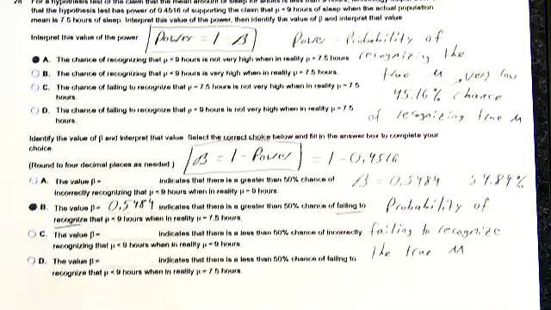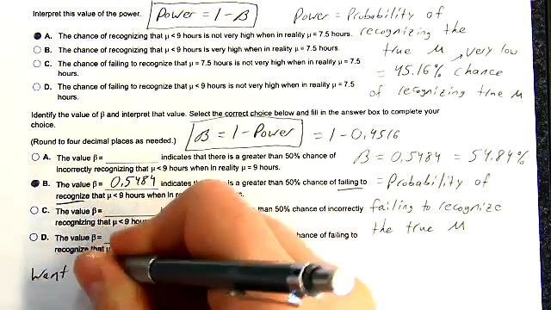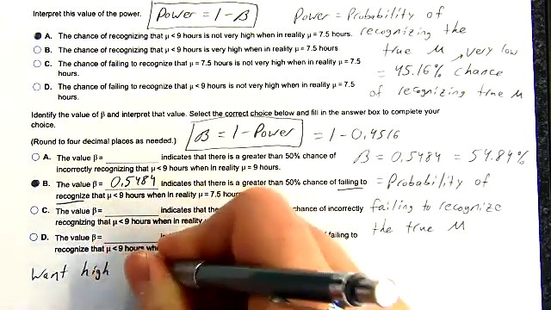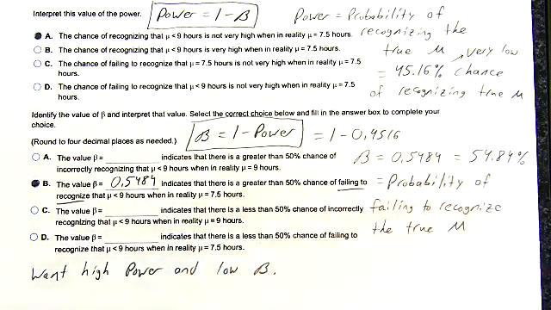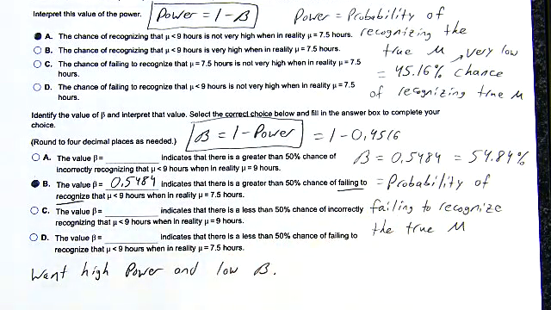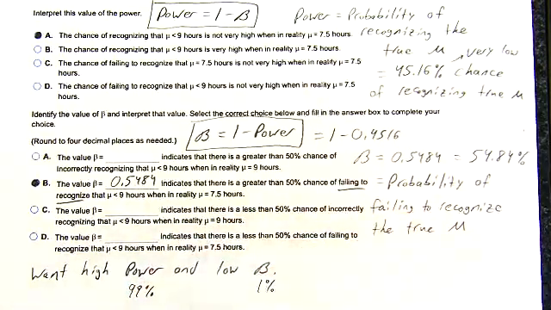So let's just put that down here as a formal statement. We want high power and low beta. Like you want 99% here and you want 1% here. That would be great.